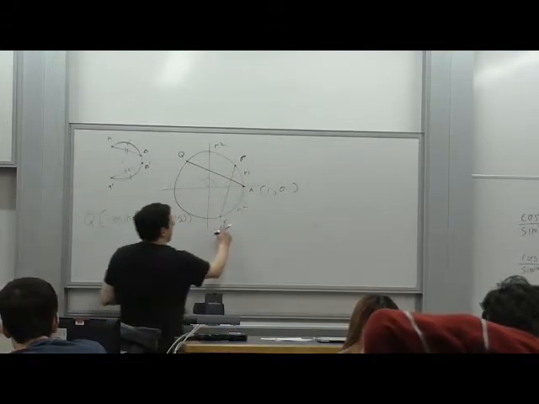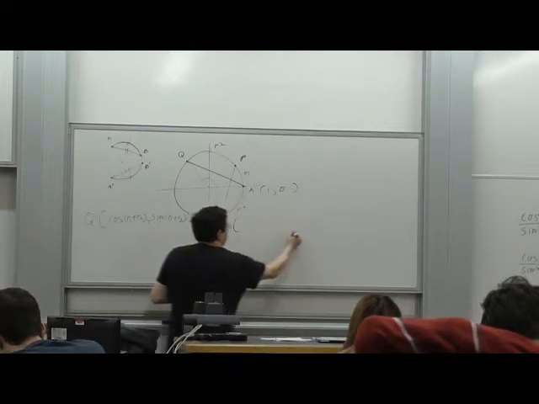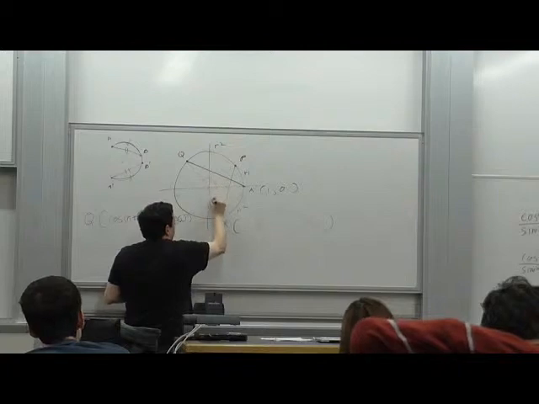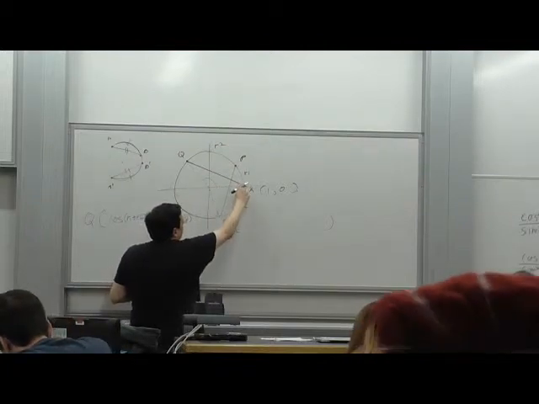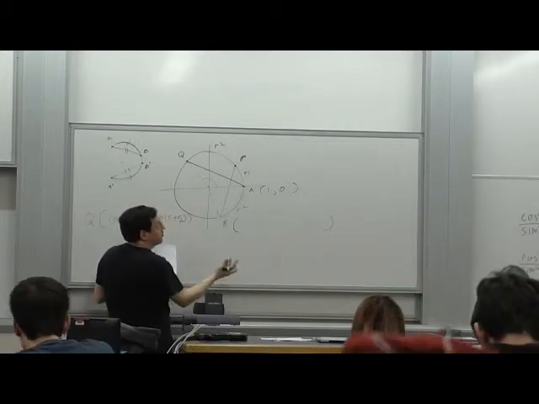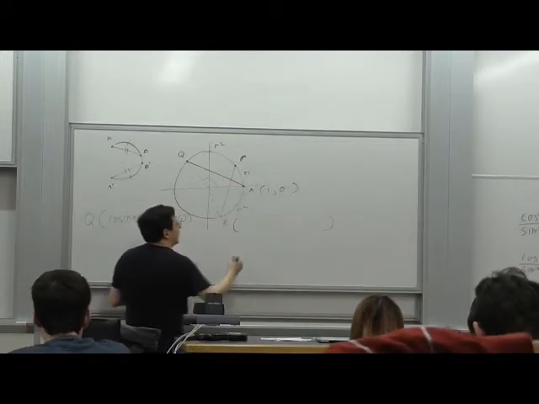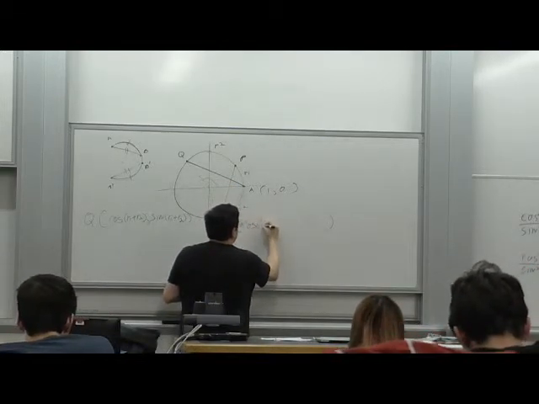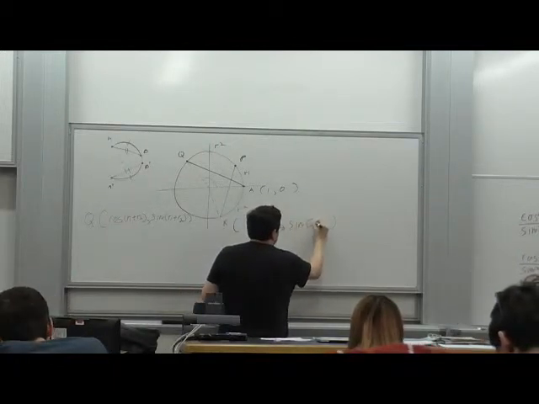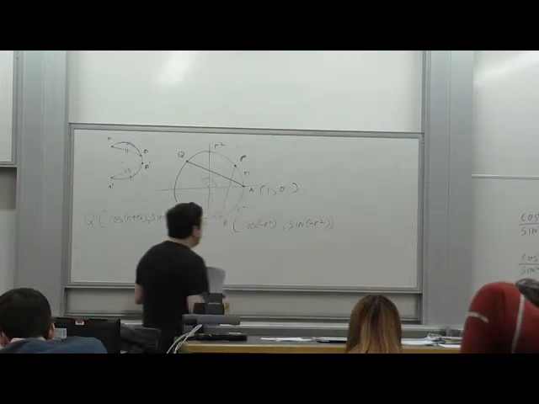Okay, let me write down the coordinates of R. Now, again, we've got an angle here, R2, which is negative. So this is the cosine of negative R2, sine of negative R2.